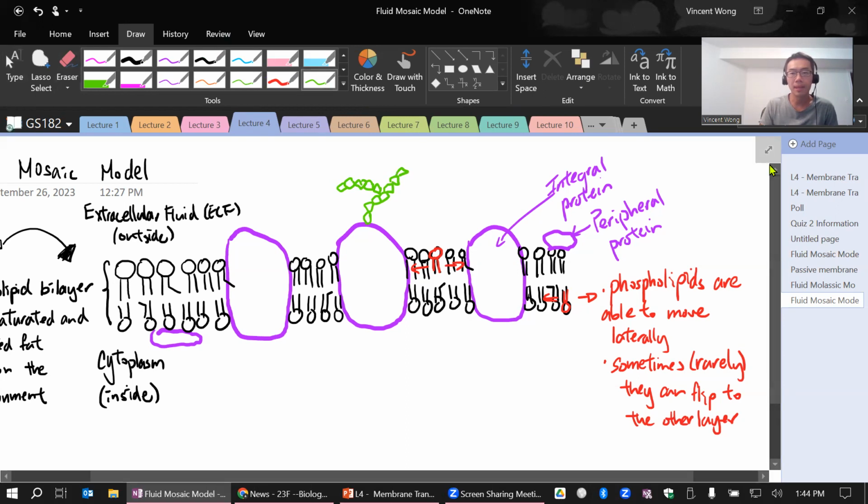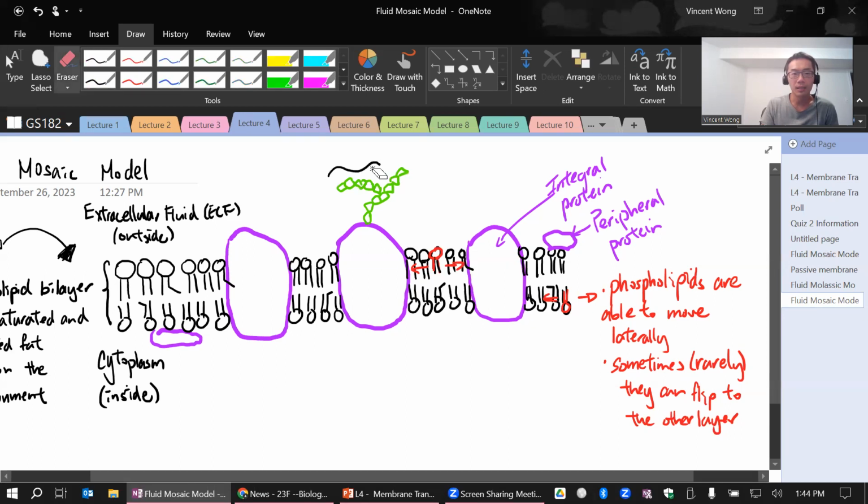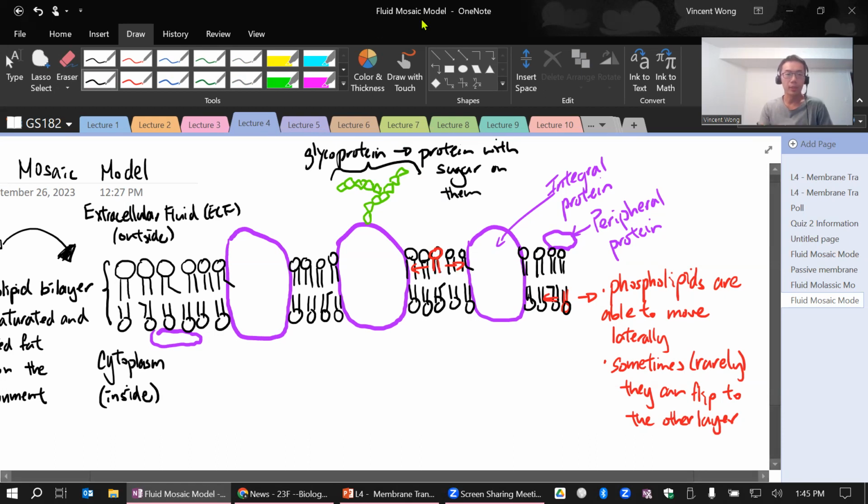And that makes it a glycoprotein, which are proteins with sugar on them. I'll tell you what that does later on.